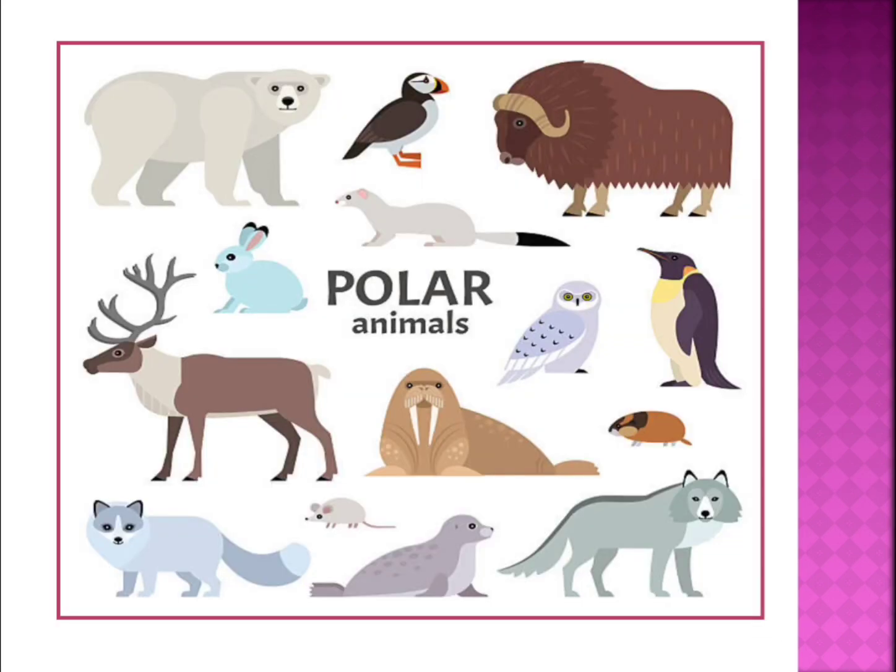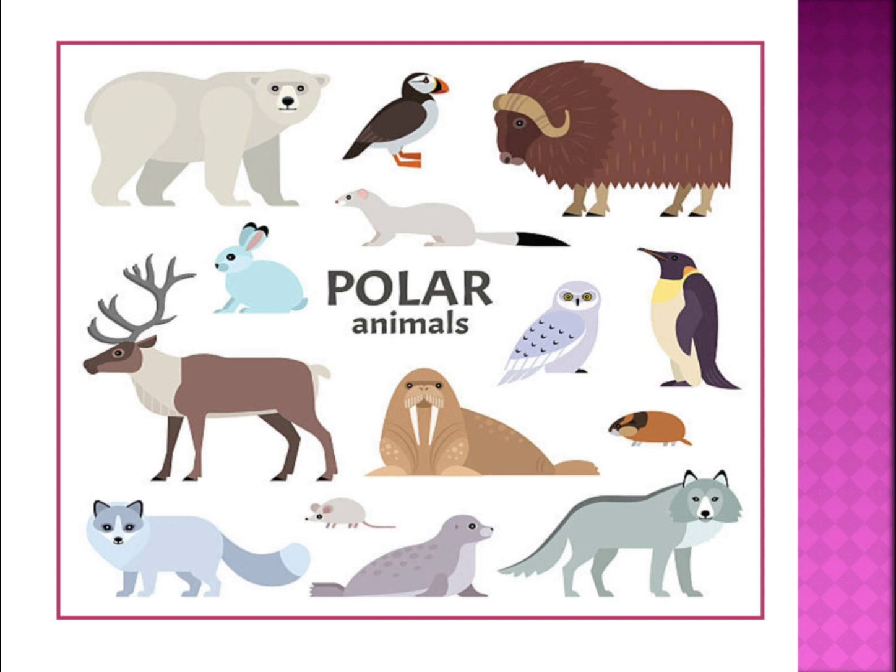Coming to wildlife, we also see only few animals in this region because the climate is very cold. Animals have to survive in that cold climate. There are only few animals which we see in this region, like polar bears, snowy owls, seals, walrus, caribou, penguin, yak, Arctic foxes and wolves.